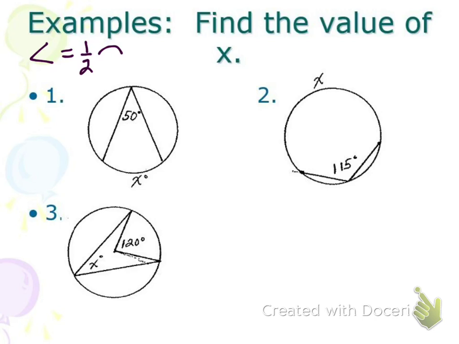So x had to have been 100 if half of that was 50. The other way we could write this would be to say that the arc is equal to 2 times the angle. So if you would rather write it that way, that's another way of writing it. The arc is 2 times the angle, or the angle is half of the arc.